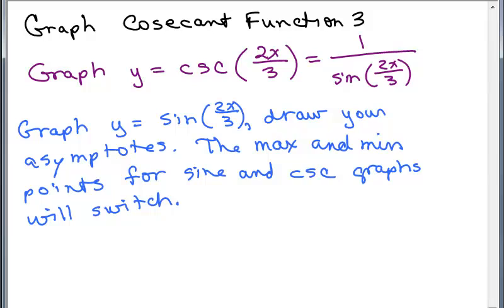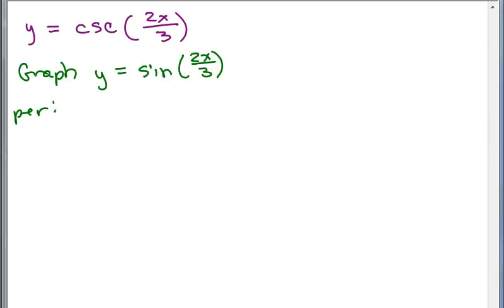Now something new about this compared to the graphs we did in part 1 and 2 is we have a different period this time. So that's the first thing we're going to have to do. To graph y equals the sine of 2x over 3, we need to know the period. Note that the coefficient of x in the parentheses is 2/3. So remember the period is 2 pi over that.